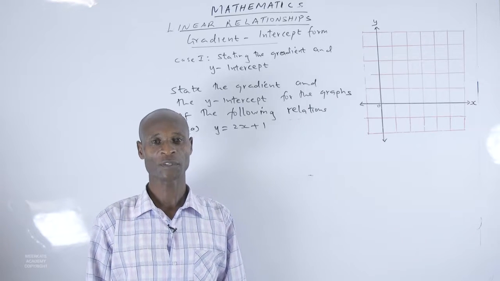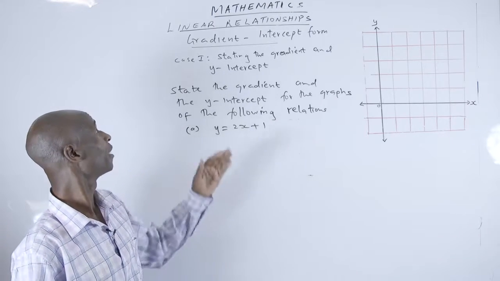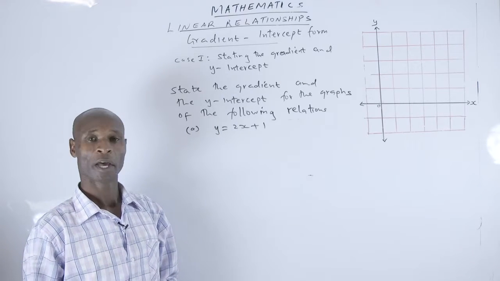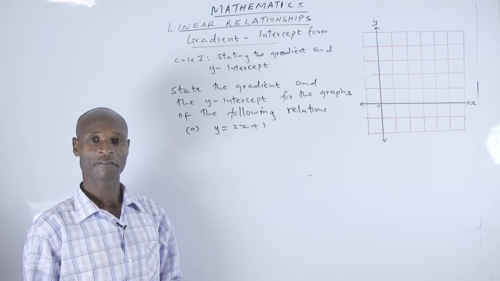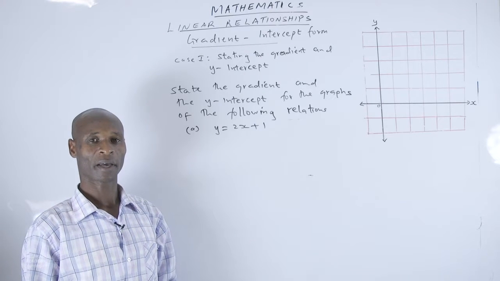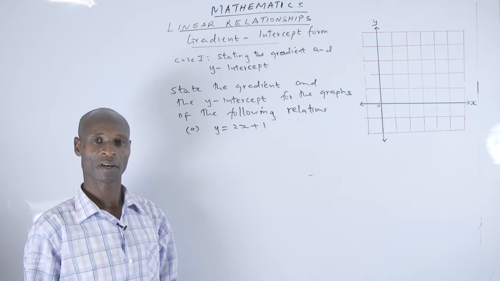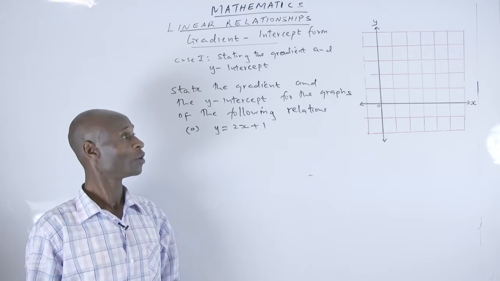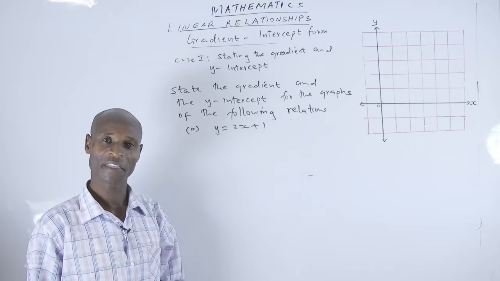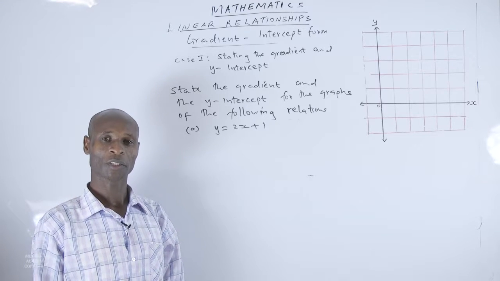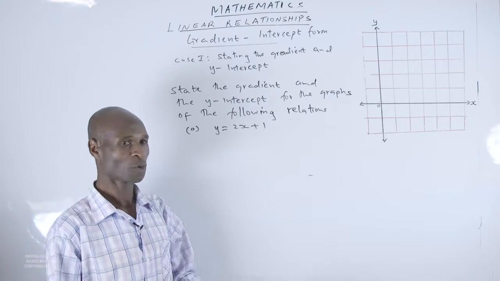So in today's lesson, we want to learn how we can draw a graph and at the same time determine the gradient and the y-intercept of that particular equation without necessarily drawing the graph.